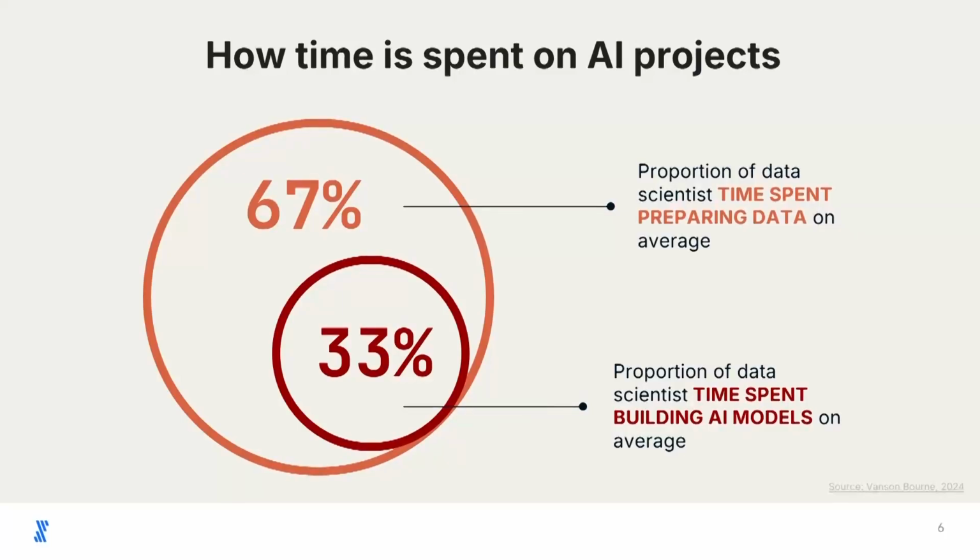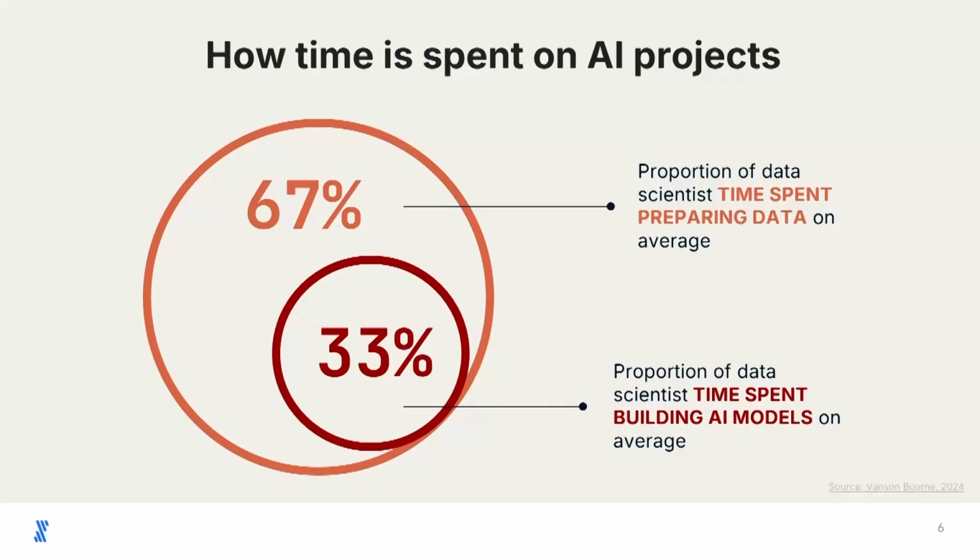It can also be going through lengthy cleansing processes to make sure you actually have valid data within the system. The other 33% is actually being spent building the AI models. So it's really the opposite of what you'd hope to have. You'd hope to have the data being delivered, and you can spend most of your time working on those models themselves.